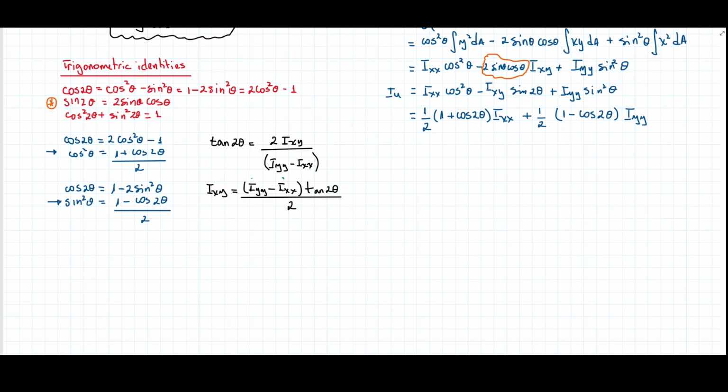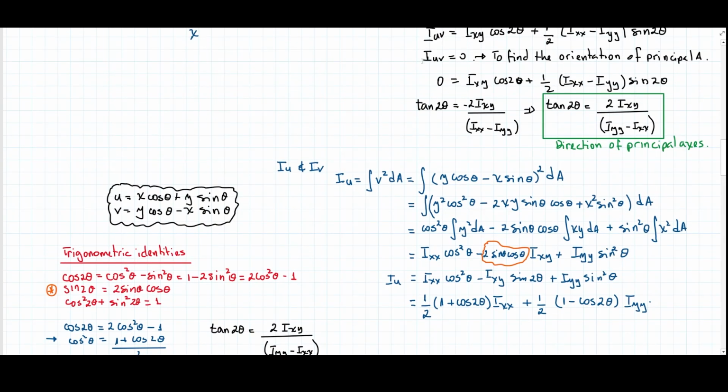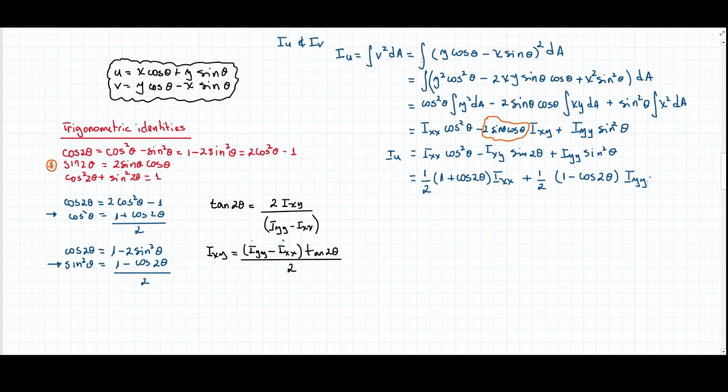Okay? So if I substitute this one in here instead of this one, what's going to happen is that this is going to end up being this one minus 1/2, because now I have that 2 there.